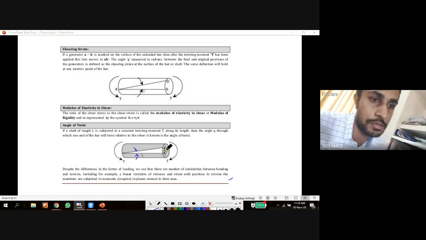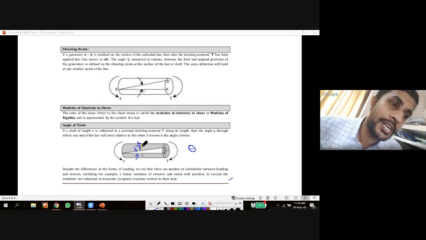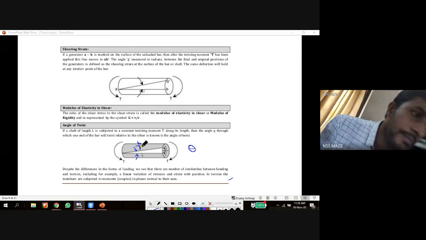That is angular twist. This angle theta is the angular twist, but the angle gamma in radians is the shearing strain. Any doubt?